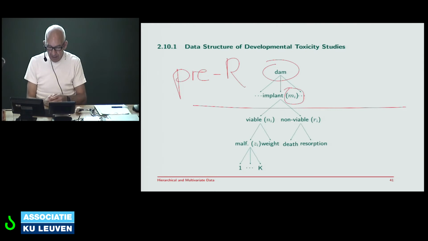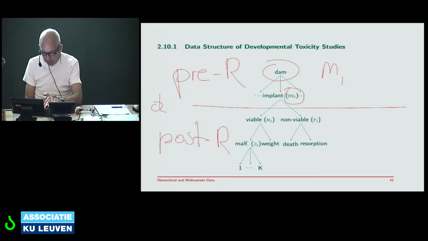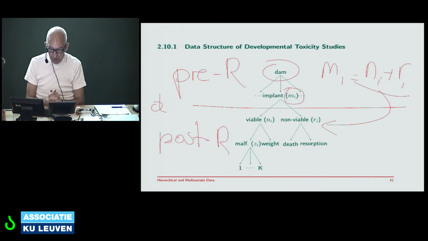We just select a number of dams, pregnant dams, into our experiment, and they happen to have a number of fetuses. Then we apply the dose here, and then we have the other information, which is post-randomization. I mean, you can imagine that M_i, which of course is equal to N_i plus R_i, well, that division is going to be different from group to group, from dam to dam. So there are N_i viable fetuses.